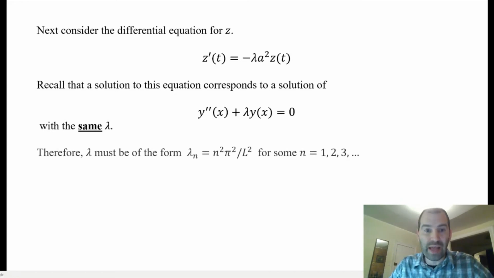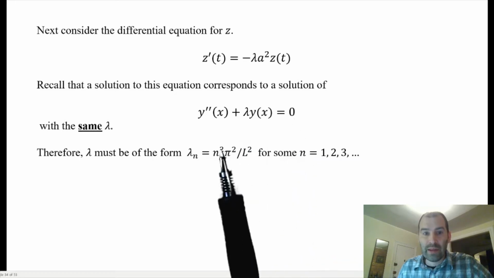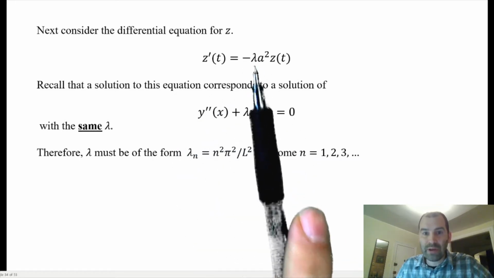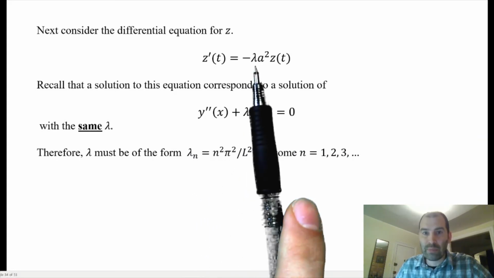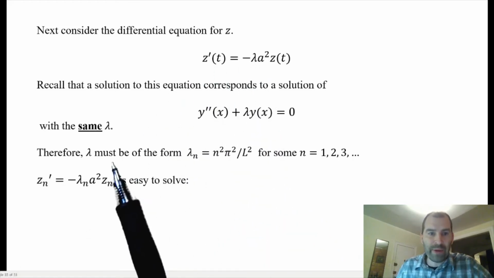So that means that these lambdas that we produced when we solved this eigenvalue problem have to be the same lambdas that work here. So this lambda up here has to be of this form. So that's what we're going to put in there. I'm going to call the lambdas of that form lambda sub n. So there we go. I rewrote it with lambda n in place of lambda.